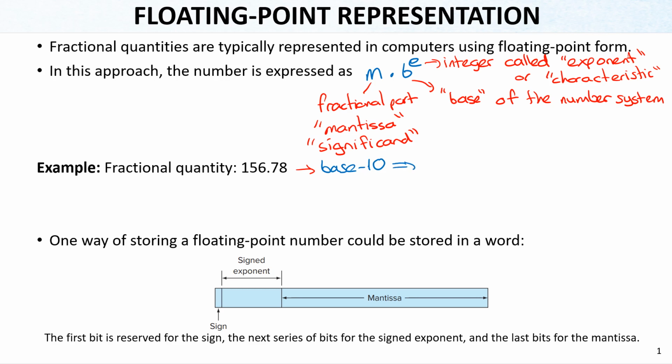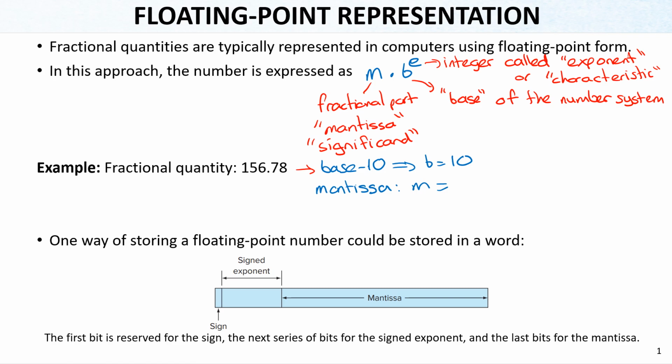Base 10, then B is 10. So we will find this M and E as well. And let's say mantissa, which is M. And we will define M always with decimals, and it will be just after the point. So point something, 0 point something, let's say.